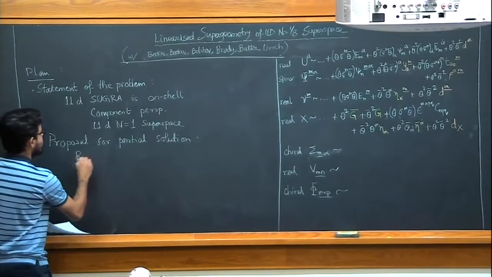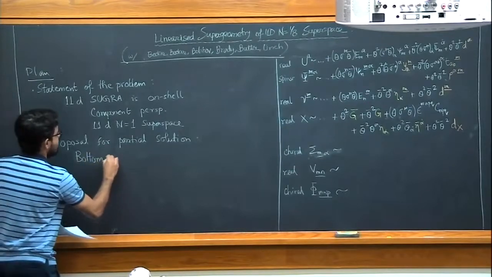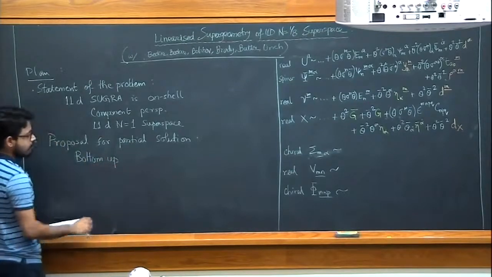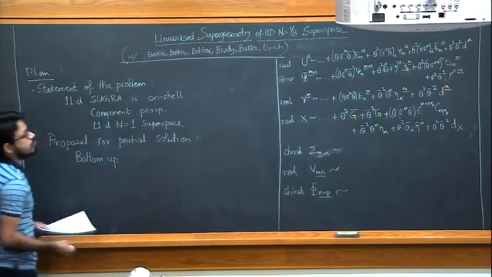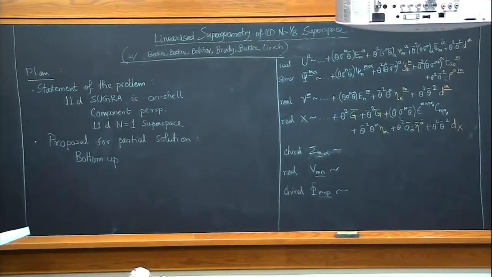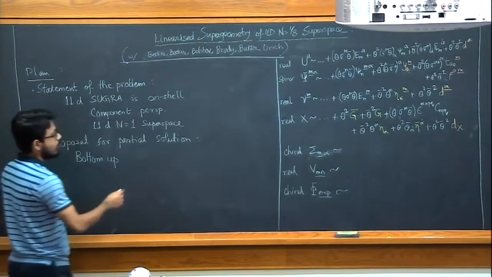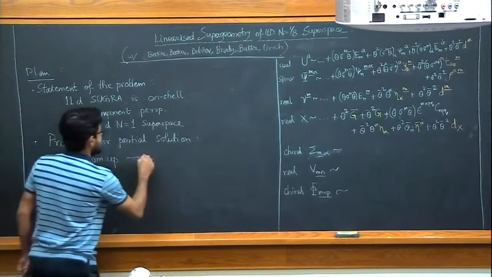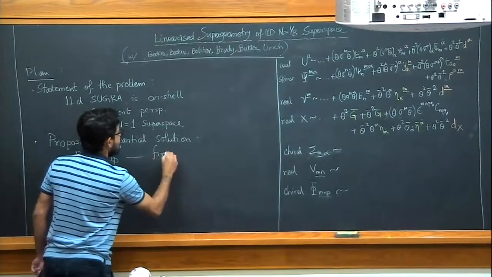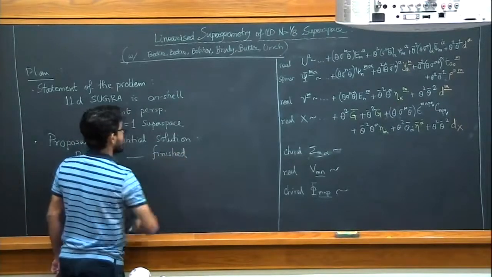One is a bottom-up approach, which is more or less finished, and this is based on a series of papers that came out of the Becker group, and I'm going to focus on 2 particular papers in that series. I'm going to tell you how to embed 11-dimensional supergravity component fields in 4D N=1 superspace fields. So this bottom-up approach is pretty finished and published already.